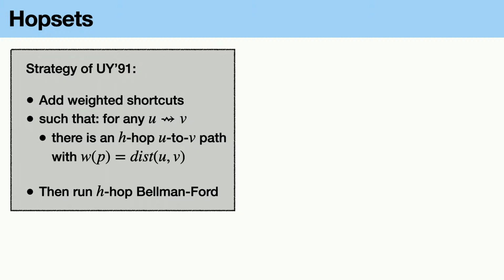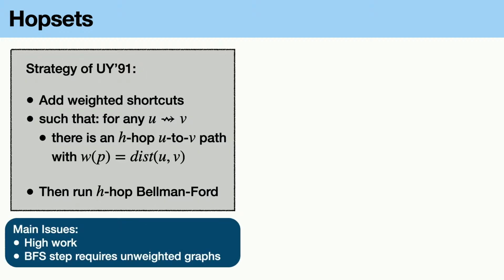Then you can just run h-hop Bellman-Ford. The main issue with this is the work is really high. And the fact that we're running breadth first search to add the weighted shortcuts means that this does not obviously generalize to weighted graphs. We can only do it for unweighted graphs.